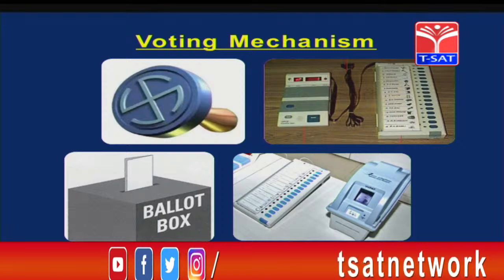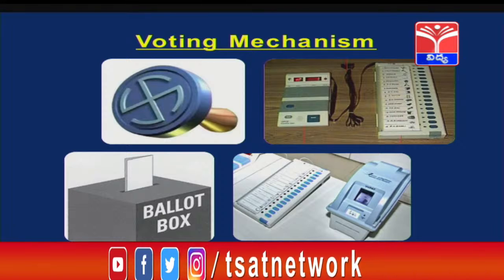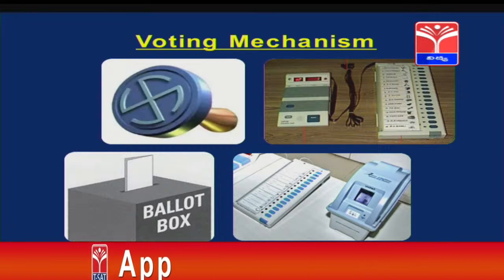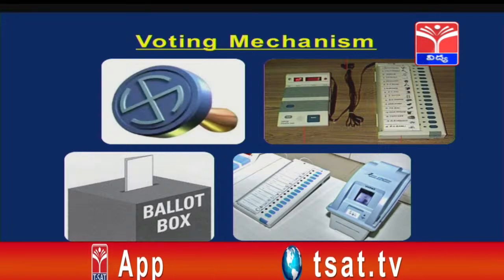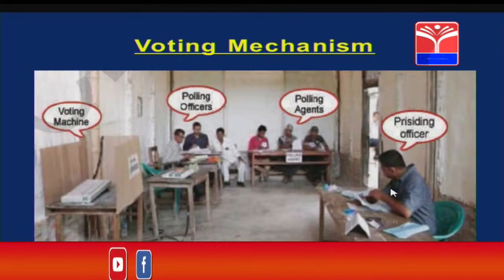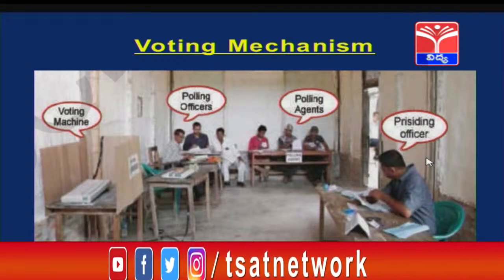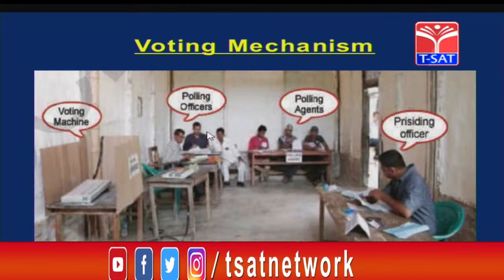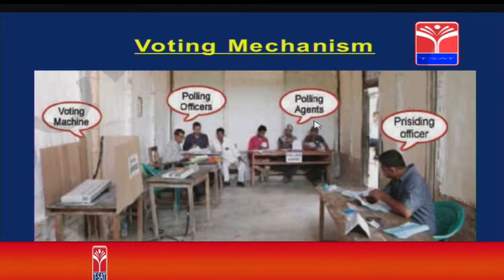But recently the new system of electronic voting machine with the VVPAT is displayed. Children, you can see the main polling personnel or the polling staff in this picture. The main person is the presiding officer, who is assisted by polling officers and polling agents, and here is a voting machine.